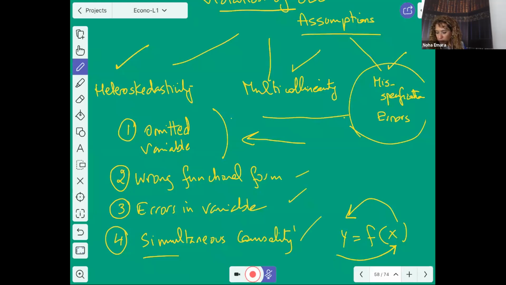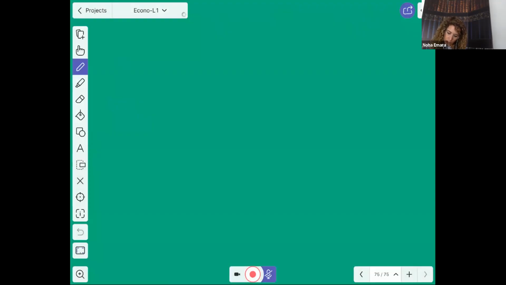Okay. So what is an omitted variable? Let me call it A, the omitted variable problem. Omitting a variable is, as the name suggests, you were supposed to have a certain variable in your model, but by mistake, you forgot or omitted this variable.